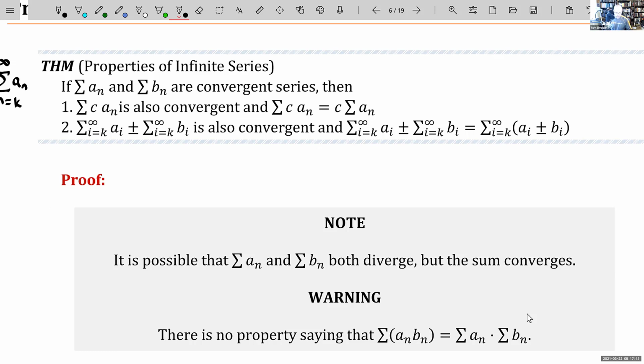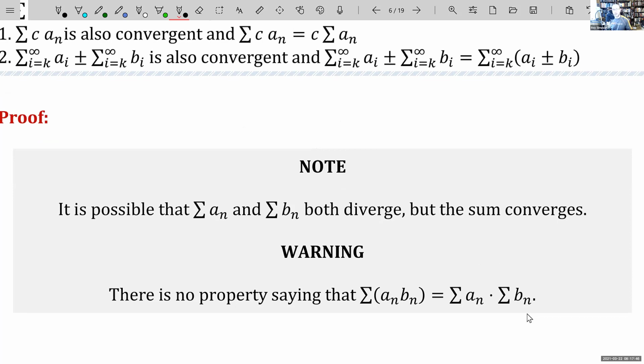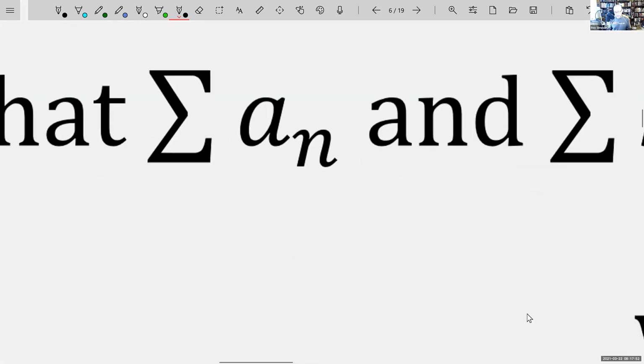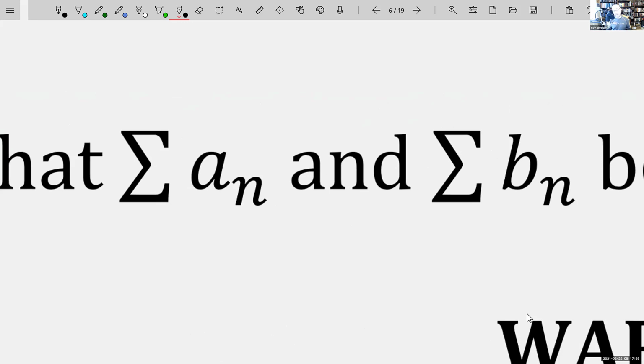So let's see. Note, it is possible. Here's kind of a weirdness with infinite series and calculus: it is possible that the summation of a sub n diverges, and the summation of b sub n diverges.